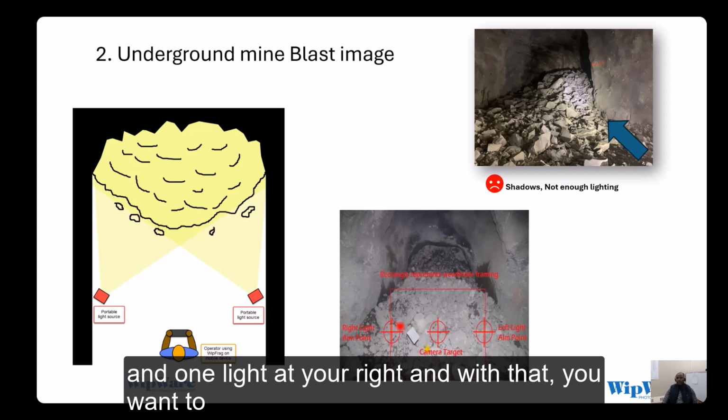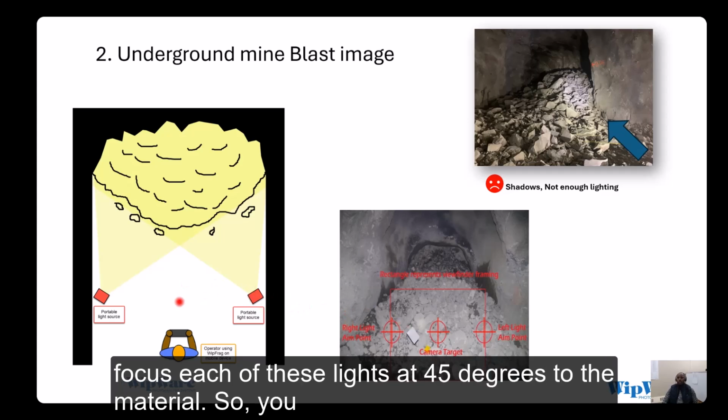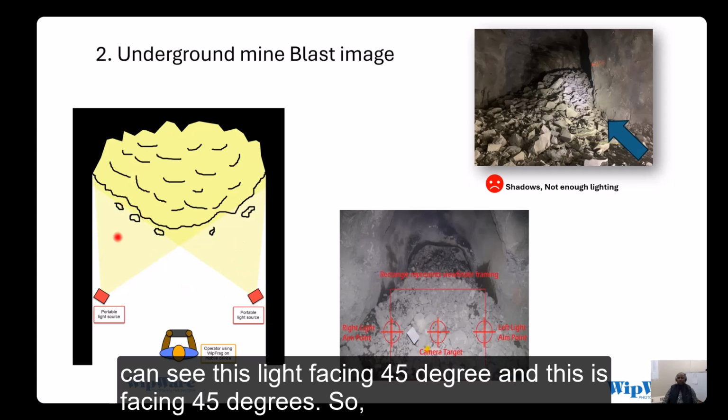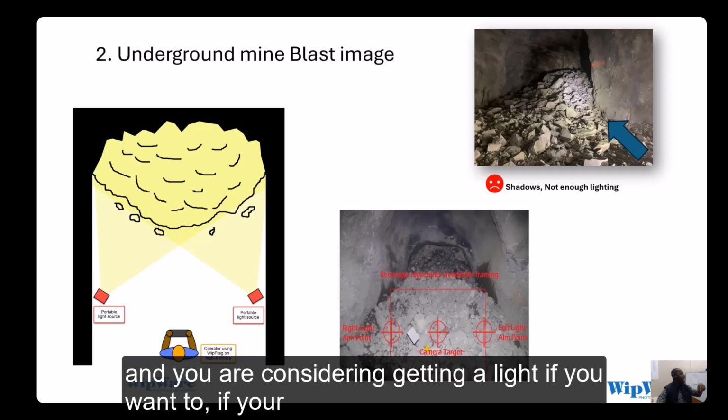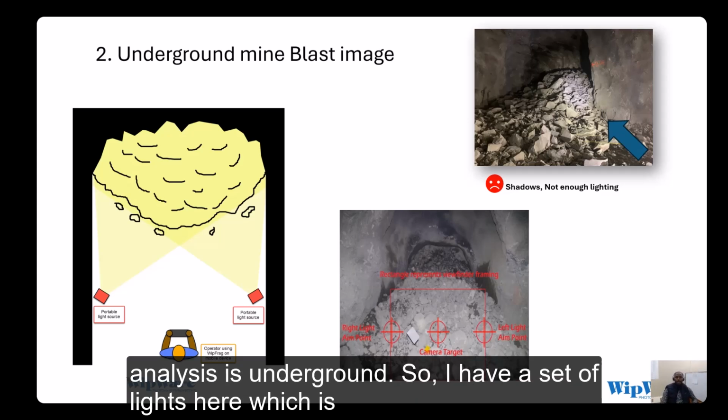And with that, you want to focus each of these lights at 45 degrees to the material. So you can see this light is facing 45 degrees and this is facing 45 degrees. So this setup can easily eliminate the shadow cast. And you should consider getting lights if your analysis is underground.